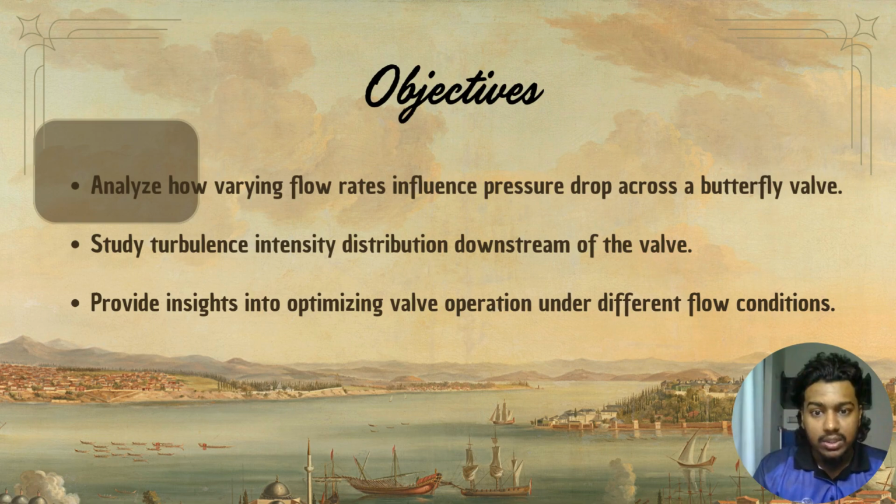The second was to study turbulence intensity distributions downstream of the valve. And the third was to provide insights into optimizing valve operation under different flow conditions. These insights are crucial for saving energy and enhancing operational stability in industries.